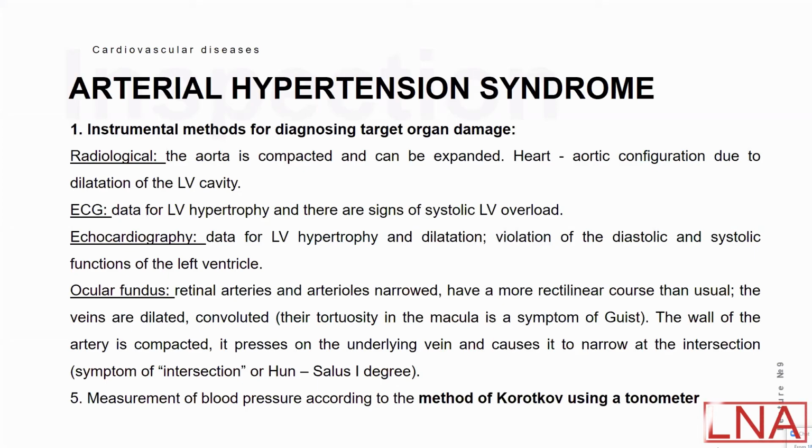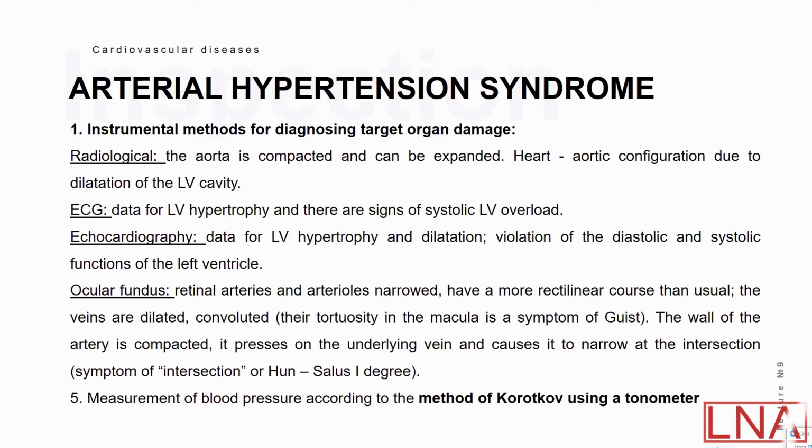On X-ray, the aorta is compacted and can be expanded, with aortic configuration of the heart due to dilatation of the chamber of the left ventricle. On ECG, there are signs of left ventricular hypertrophy, and signs of systolic left ventricular overload can be present. On echocardiogram, an ultrasound method, there are signs of left ventricular hypertrophy and dilatation, and we can measure the thickness and density of the wall and the volume of the left ventricular chamber, and violation of the diastolic and systolic function of the left ventricle.